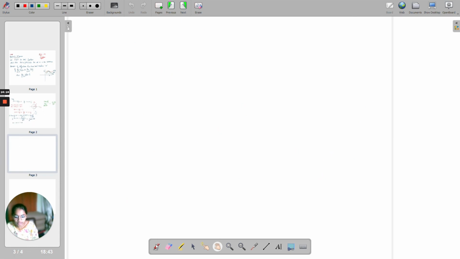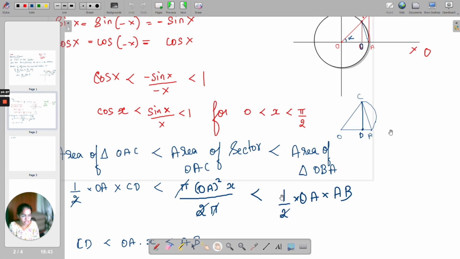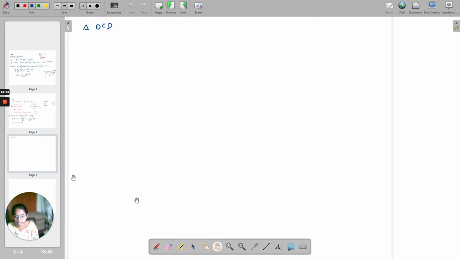Now let me take the triangle OCD. You see the triangle OCD, I have written it over here. This is a right angle triangle. Agree? So let me find sin x for that.